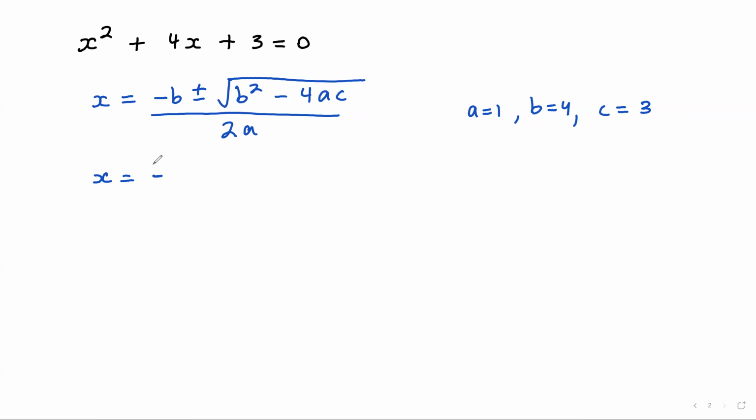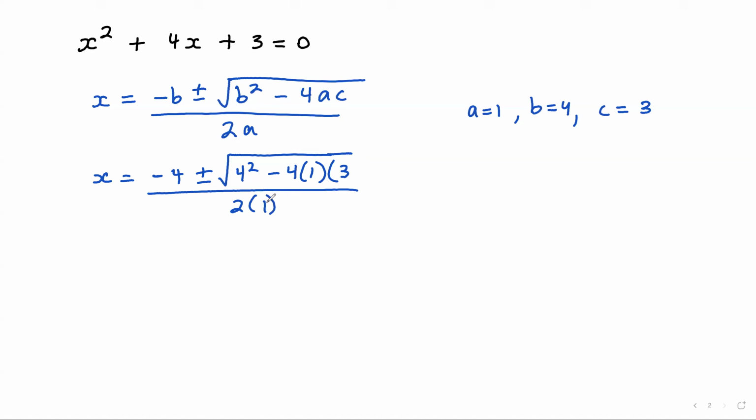So minus 4, because b is 4, plus or minus the square root of b squared, so that would be 4 squared, take away 4 times a, which is 1, times c, which is 3. And all of that is divided by 2 times a. A is 1, so 2 times 1.